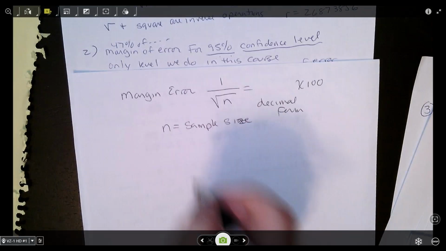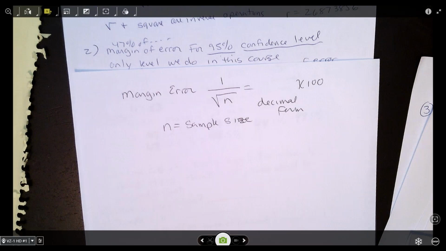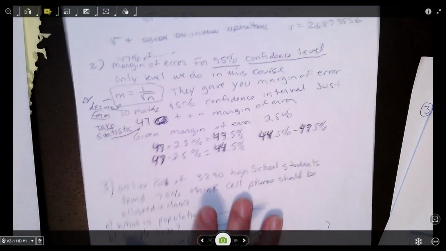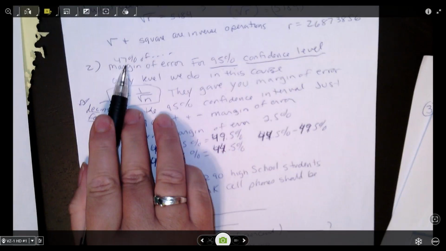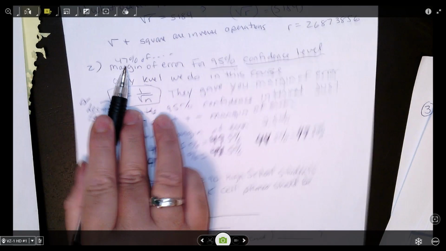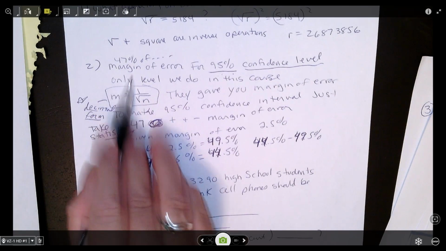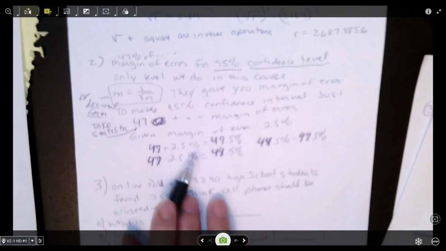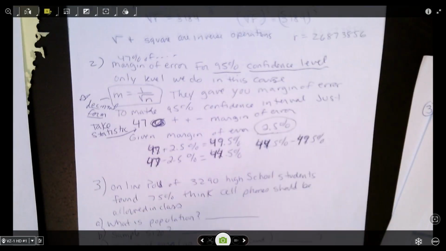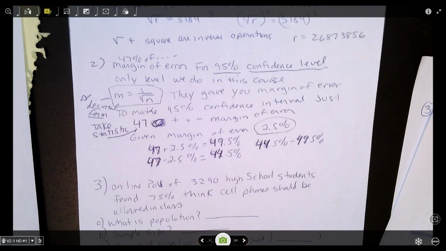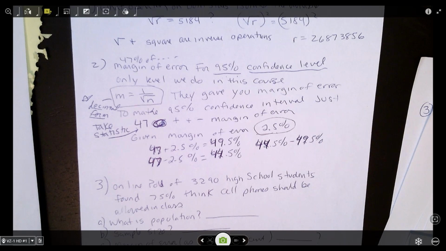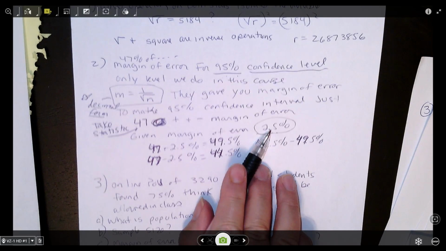What this means is, in number 2 in your homework, which wouldn't print, the results of some poll were 47%. The margin of error for the poll, which you didn't have to calculate, was 2.5%. What's the 95% confidence level? Well, they gave you the 2.5.